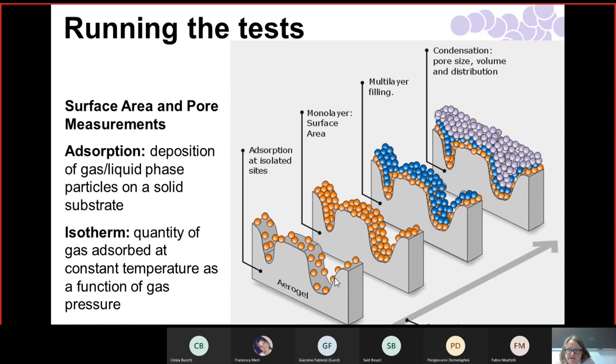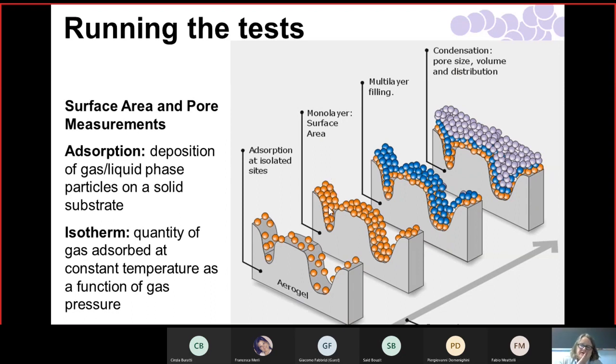These are some pores. And at some point, you reach what's called the monolayer, where you have one layer of the gas on the surface of the material. And that information is what allows us to calculate surface area. I'll show you that in a little bit.